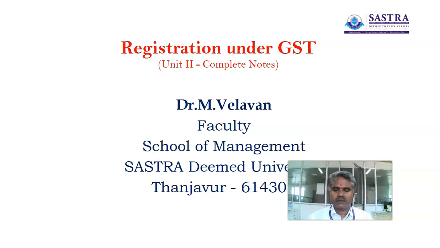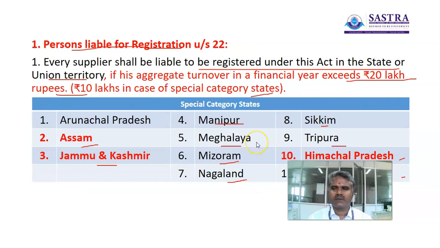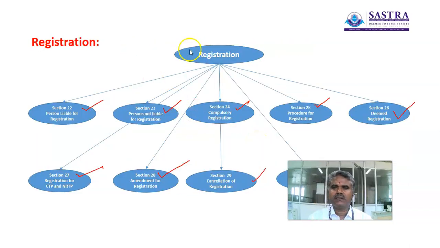In continuation with the previous session, now we are going to discuss the remaining part of registration under GST, because in the previous session we discussed what are all the sections we have to cover under registration under GST: sections 22, 23, 24, 25, 26, 27, 28, 29 and 30.